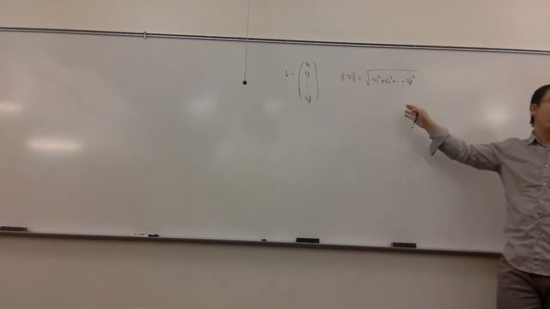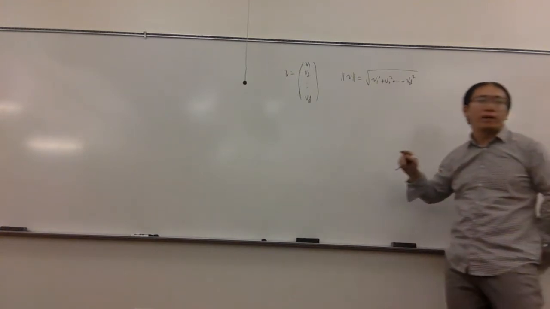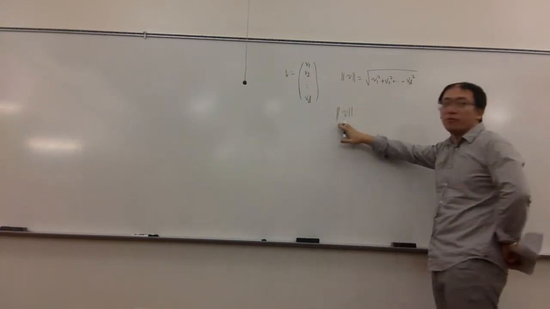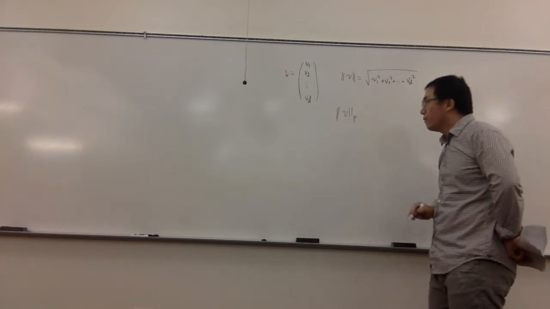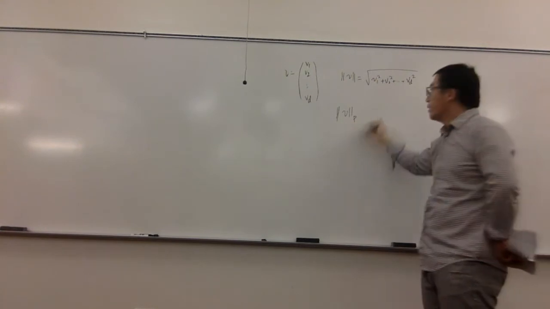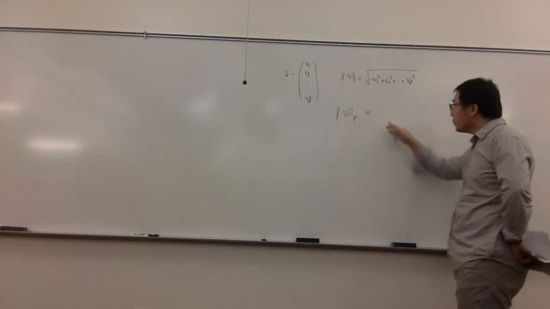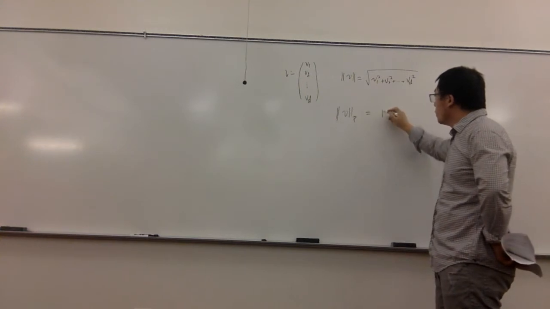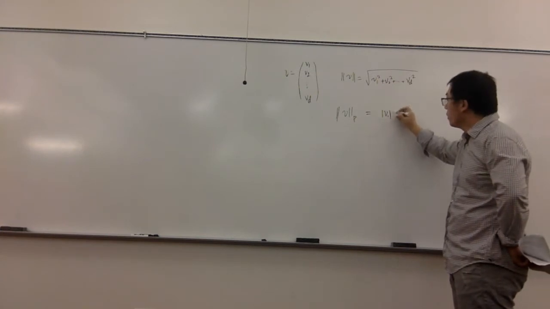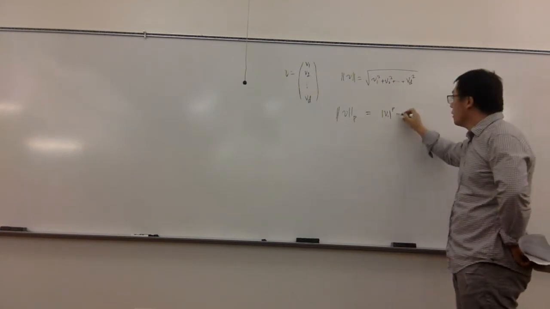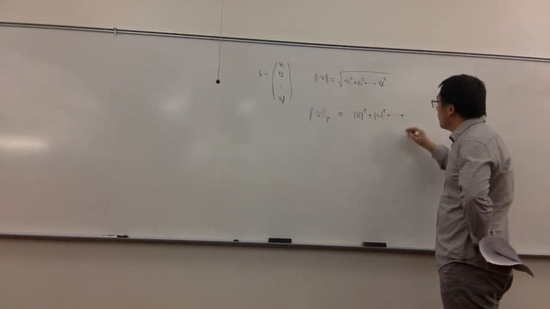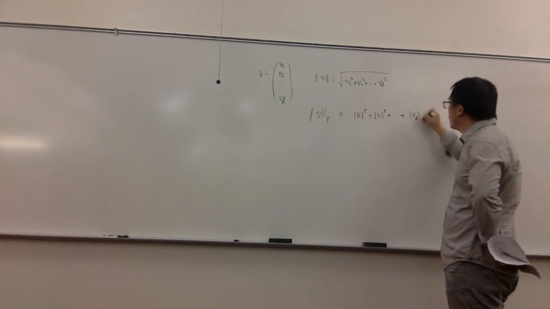And then we generalize this Euclidean norm to the Lp norm. When we say Lp norm for a vector V, we use a subscript p to denote the norm. It is defined as: we sum the absolute value of each element in V to the power p, plus the absolute value of V2 to the p, dot dot dot, until the last element Vd to the p.